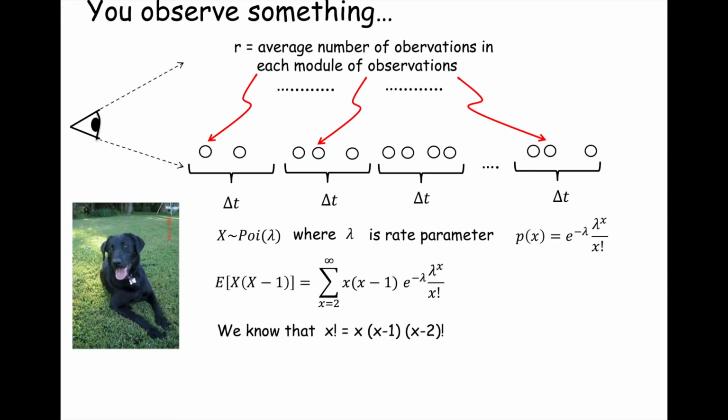So let's take a look at what we're going to do. If we take our X factorial and the definition of what factorial means, well, X factorial is X times (X−1) times (X−2) times (X−3) and so on, eventually times 2 times 1.